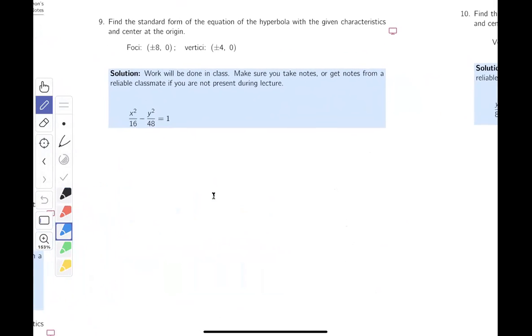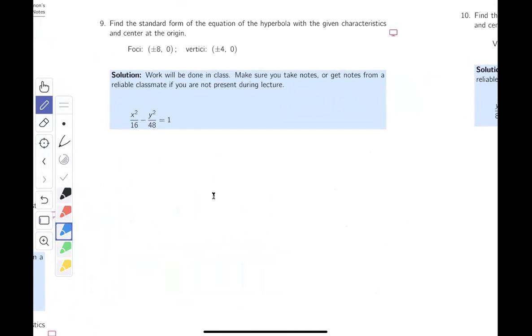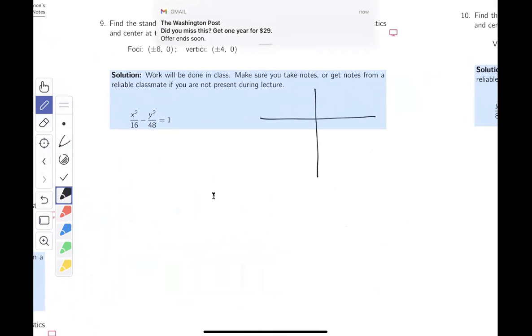Again, this says, find the standard form of the equation of the hyperbola with the given characteristics. What I'm going to claim to you is that it's really important to visualize. Now, someone says, do I really need to draw this on a piece of paper if I see this in my head? No, you don't need to do that. But let me put this down. I've got the foci at plus or minus 8, 0. So put this over here. It's 8, this is the foci, minus 8.